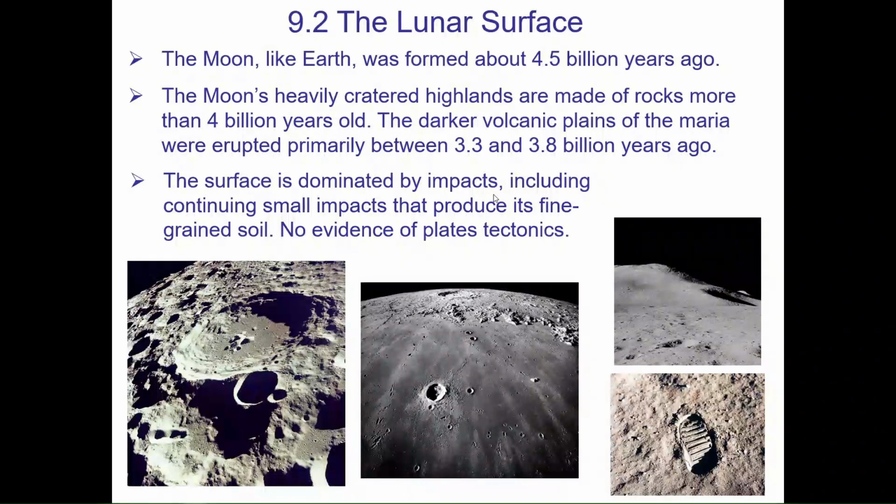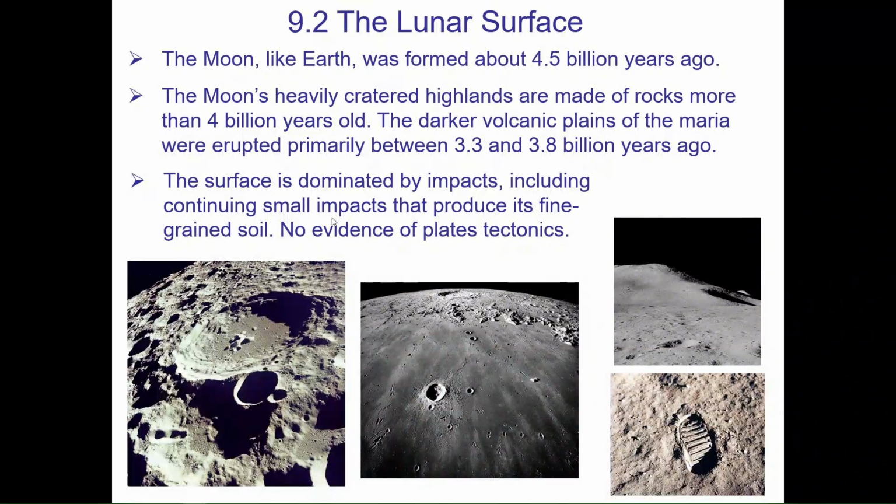Another consequence of impacts is that every time an object collides with the surface, it triggers an explosion, as we'll talk about later. It basically blasts rocky material into small pieces.